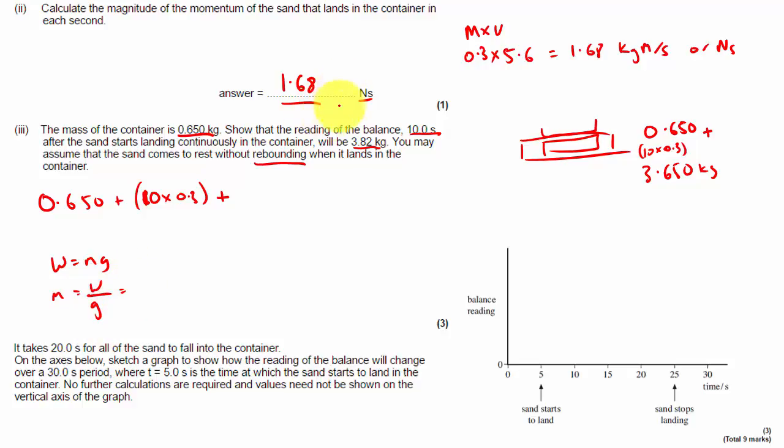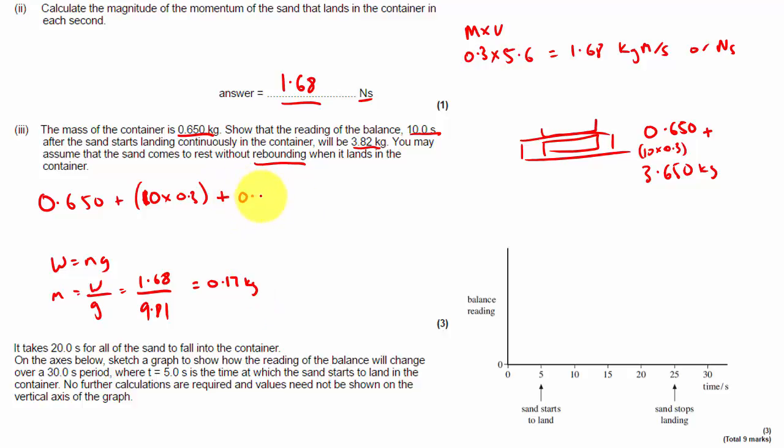And the weight value, because this is newton seconds, and this is in 1 second, this is the equivalent of the force, right? 1.68 newtons divided by 9.81. Okay, 1.68 divided by 9.81 comes out as 0.017 kg. That's what the scale would read, right?